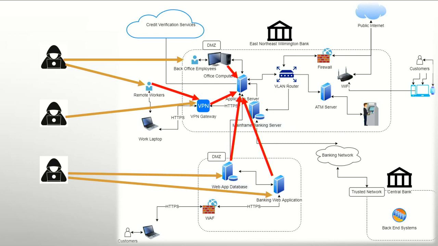And if anyone here has tested a lot of enterprise applications, a lot of times if they're made for a single customer, they don't undergo a lot of the rigorous testing that more public products do. So if it is vulnerable and they are capable of exploiting it, they could potentially get to the server that connects them to the banking network and perhaps the central bank.